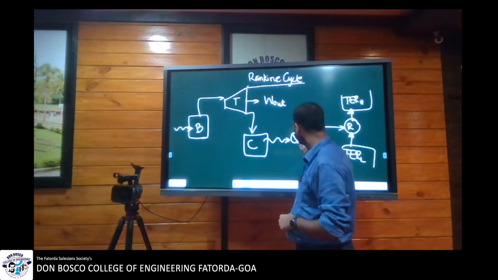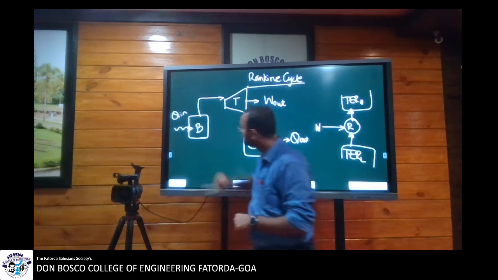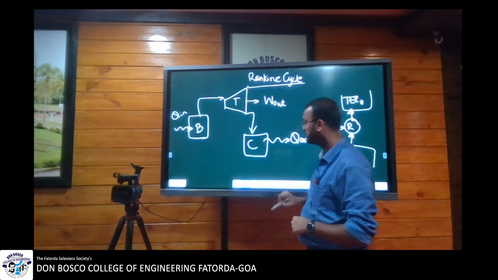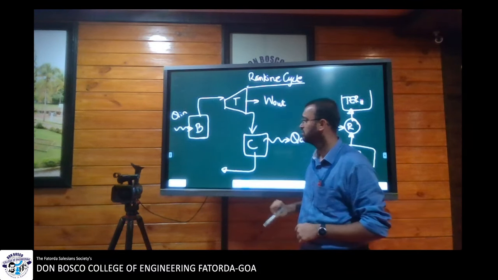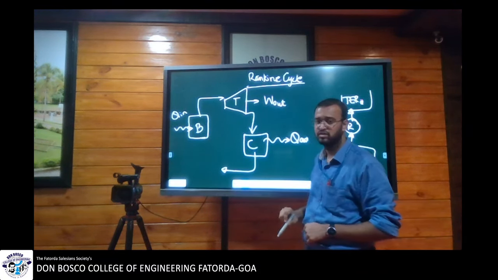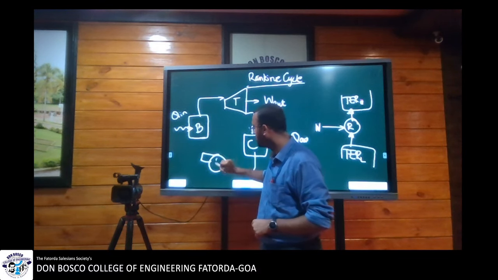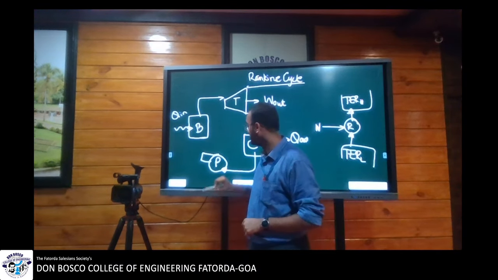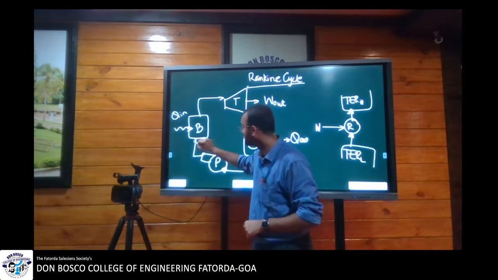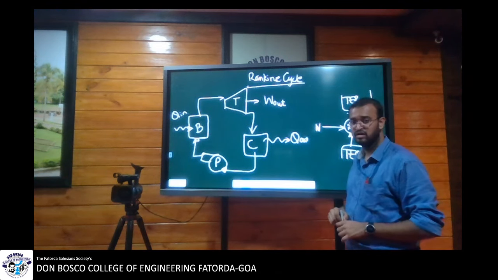So this is Q out, this is Q in. Okay, so now you're rejecting the heat and the working fluid is then sent back to the boiler. Now how does it get sent back to the boiler? This is at the higher temperature and higher pressure. So now you have a pump here, which pressurizes this. Of course it does it isentropically, a reversible isentropic process, and it goes here. So this is our basic Rankine cycle.